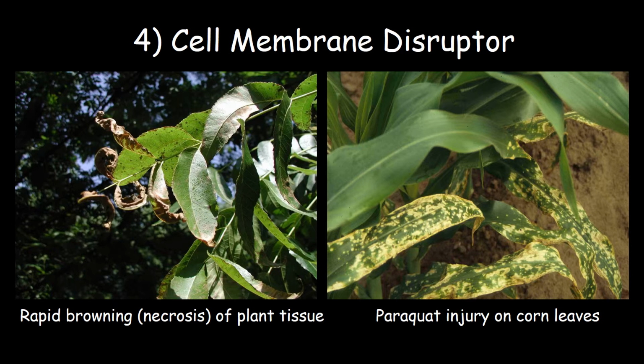Herbicides within the cell membrane disruptor mode of action react within the plant to form compounds such as superoxides and hydroxyl radicals, which then destroy cell membranes. The herbicides are typically not translocated, and the herbicide only affects areas of the plant that it contacts.